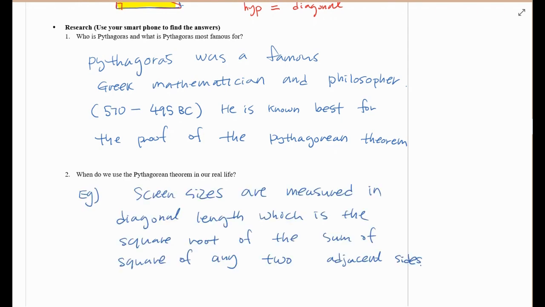All right, everyone. When you use your smartphone, the screen sizes are measured in diagonal length. So when we find the length of the diagonal, we use the Pythagorean theorem, because the diagonal length is the square root of the sum of the squares of the two adjacent sides, the two legs, right?